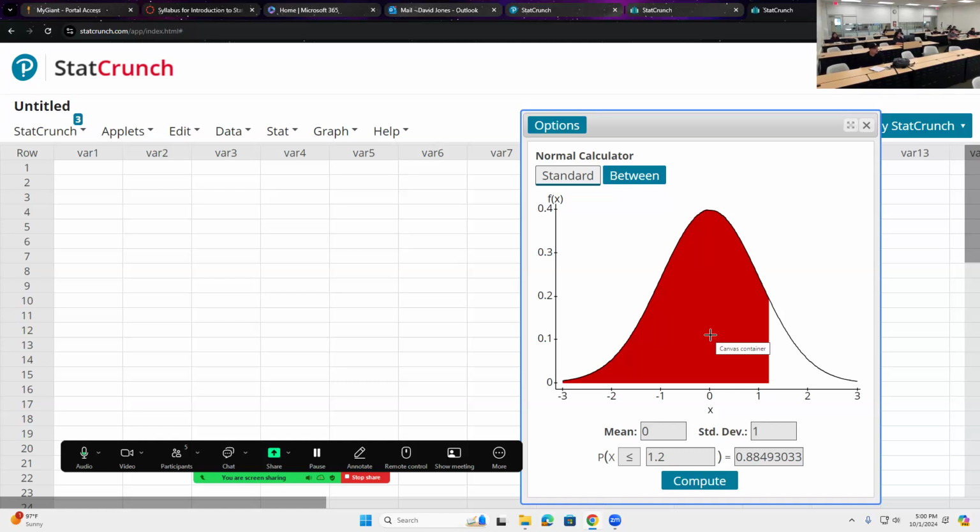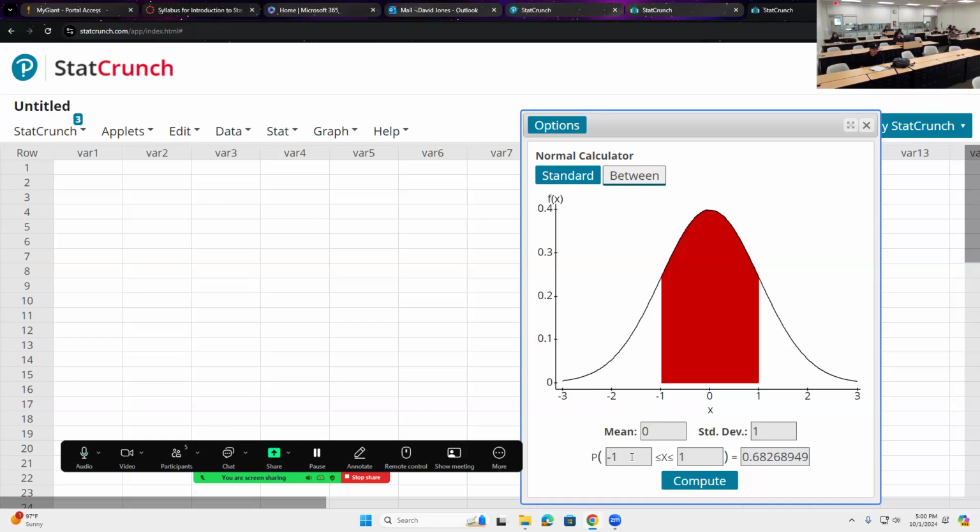Notice you can always look at the graph and make sure it's shaded correctly, as long as you understand what less than and greater than means. This would be 0.8849. And then we'll go to between and change these. Oh, we had -1 to 1 on the list. They've already given me the numbers, let's put it down right now. This is D on my list, not the one I started with.